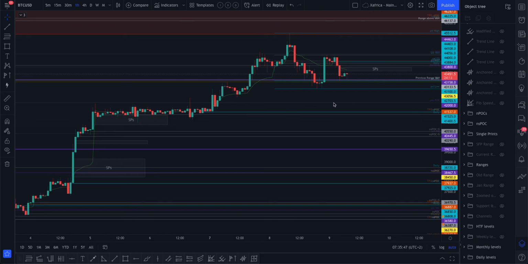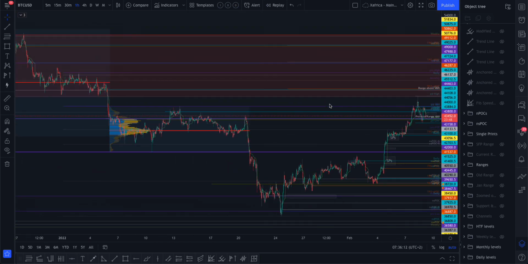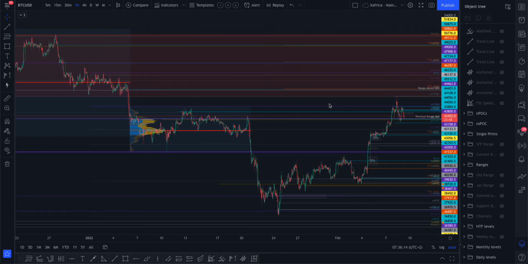And then this was the previous month point of control, and that was the only action or level we had when we shot up to this level here around 42,000. Well, except for that, it's also a psychological round number. I think we spoke about that in one of our previous videos, but there you are, previous month point of control.